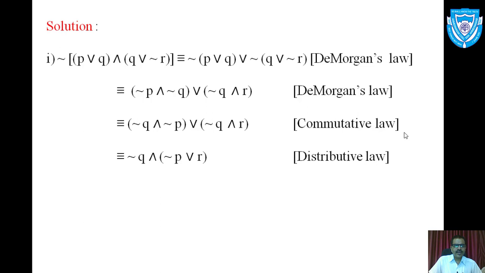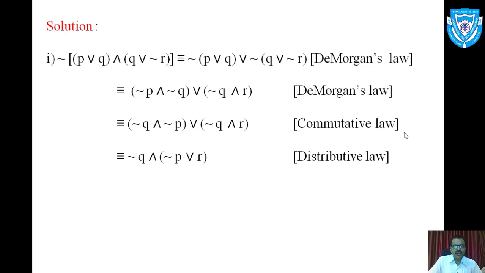Next. Now here you can use the commutative law. According to commutative law, negation of P and negation of Q can be interchanged. So we are getting negation of Q and negation of P, or negation of Q and R. Now to shift to the next step, we are using the distributive law, but note that we are using it in the reverse direction, not the forward direction.